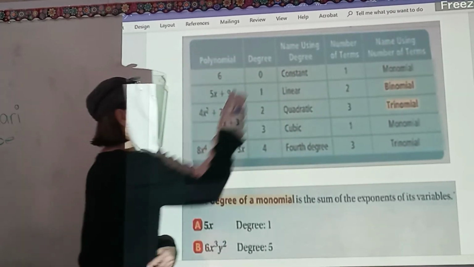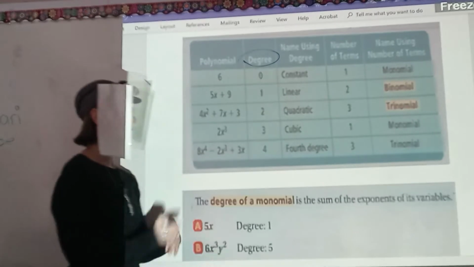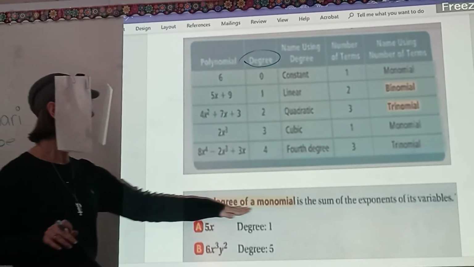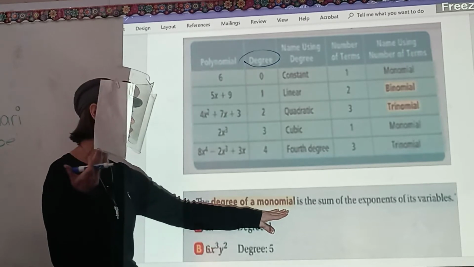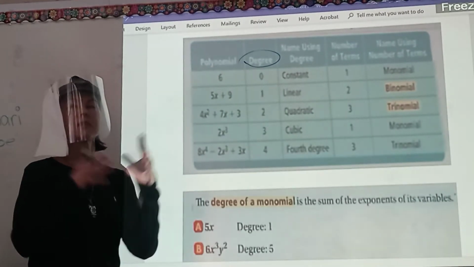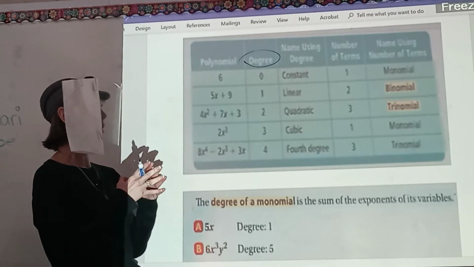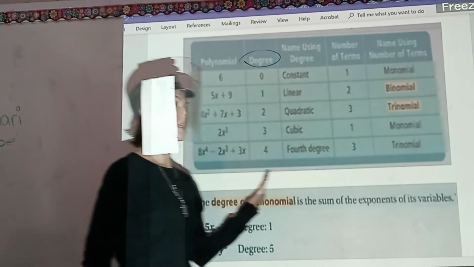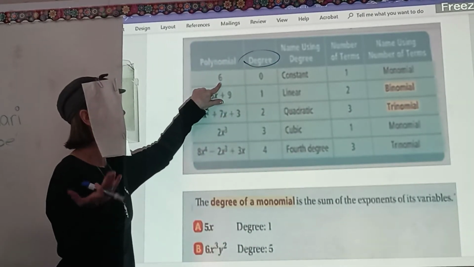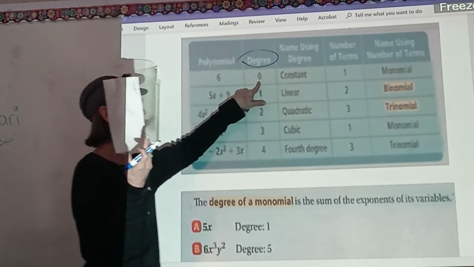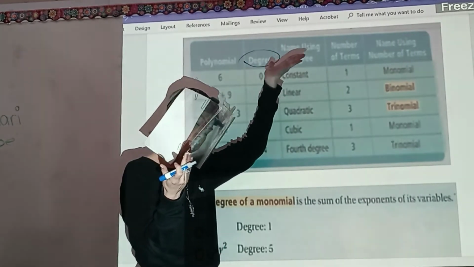Something else that we need to talk about on this chart is called the degree. The degree of a polynomial or a monomial is the sum of the exponents of its variables. Clearly, the number 6 has no variable, so the degree would be 0.